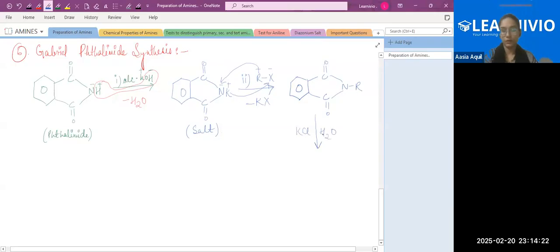H2O. Okay. So when you give H2O, what happens? So these two bonds will break, right? And this will get H and this will get OH. Again, this will get H and this will get OH. What happens next? So here you can see that R and NH2, that is primary amine, will form.